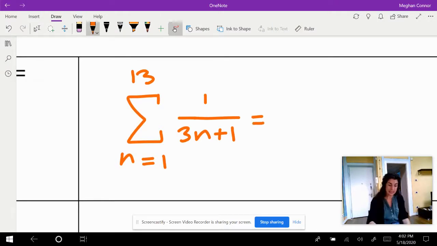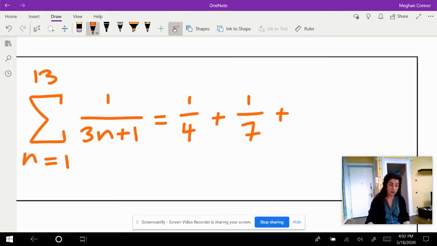And that's a sub 1, which would be 1 over 3 plus 1, so 1/4 plus. And then n equals 2 would be 1 over 3 times 2, which is 6, plus 1, which is 7. So 1 over 7 plus.